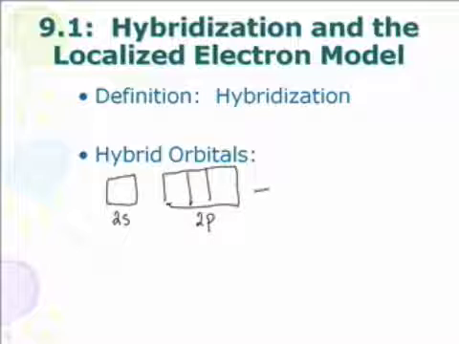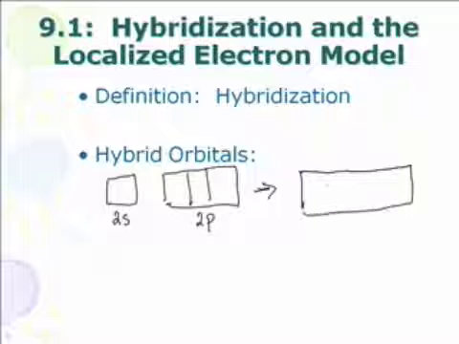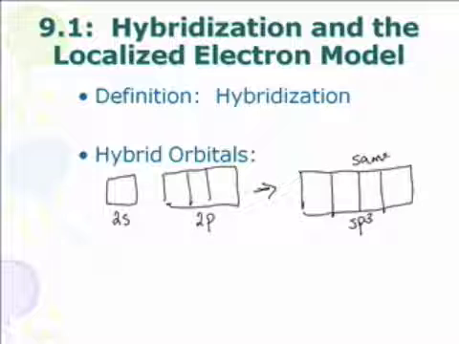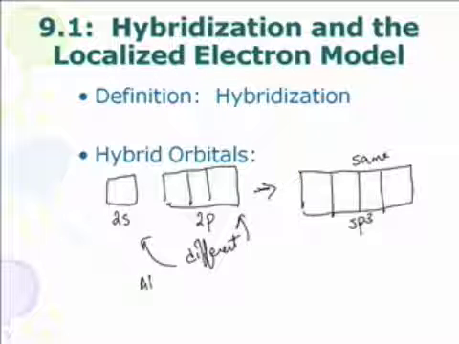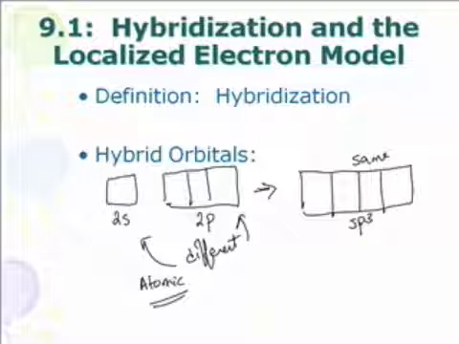And what happens is they convert to 4 orbitals. And this is called the sp3 orbital. These are all the same, where these are different. You see, these orbitals here are actually called atomic orbitals because they relate to atoms.